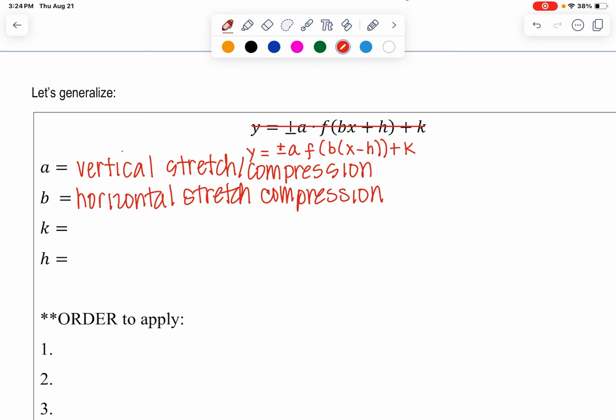The K value is outside the function. Outside the function is vertical, and that's a shift or translation. Oh my God, can't spell. Vertical, shift or translation. And then H inside the function right here, that is a horizontal shift or translation.